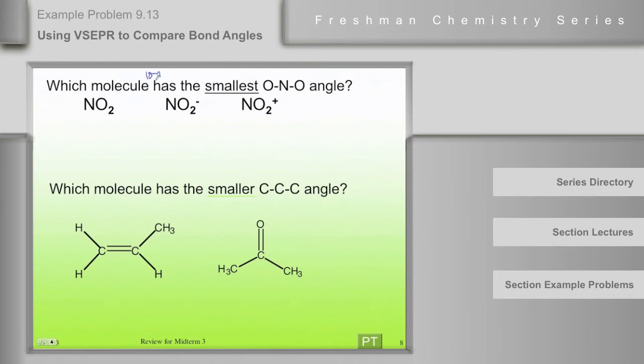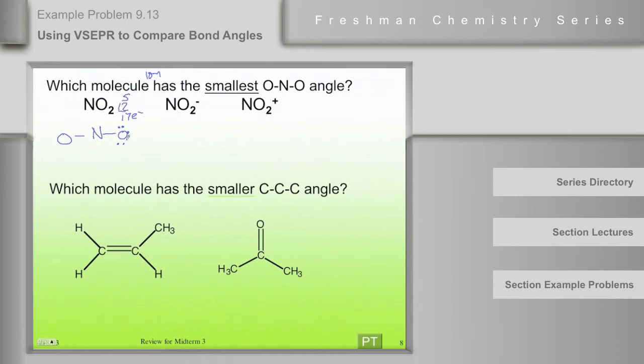We need to draw Lewis dot diagrams, right? Okay. This is nitrogen plus 2 oxygens. This is 5 electrons plus 12 electrons. This is a 17 electron system. Now we've used 2, so we'll put these 2 pairs.